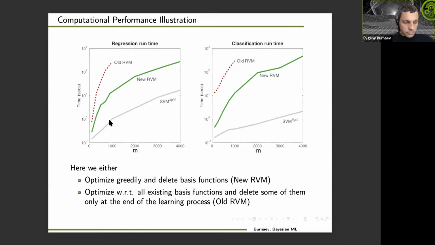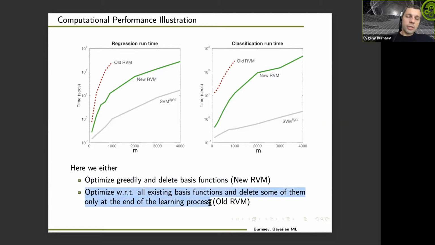Another illustration. So this illustration is about computational performance. We take some data set, and either we optimize greedily and delete basis functions, or we optimize with respect to all existing basis functions and delete some of them only at the end of the learning process.